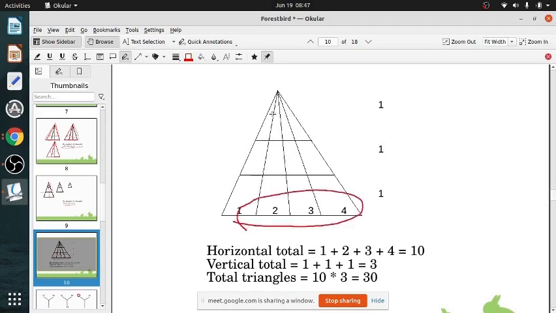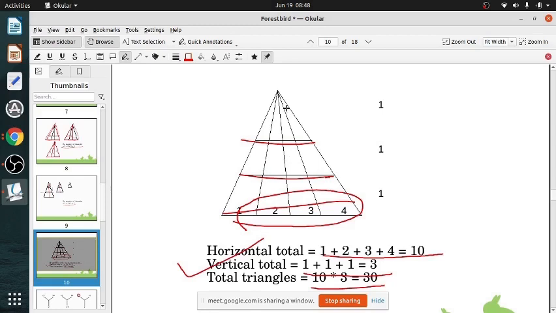Vertically we can't take the second and third. Horizontal total is 1 plus 2 plus 3 plus 4, vertical total is 1 plus 1 plus 1, and the total is 30, 10 into 3. So here the numbering is different.